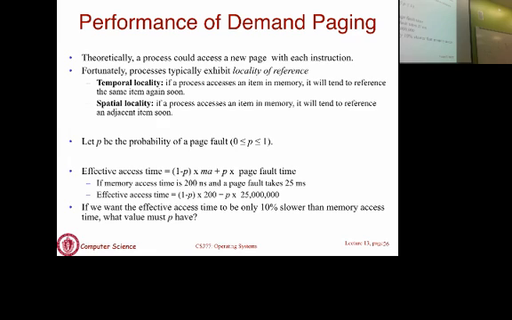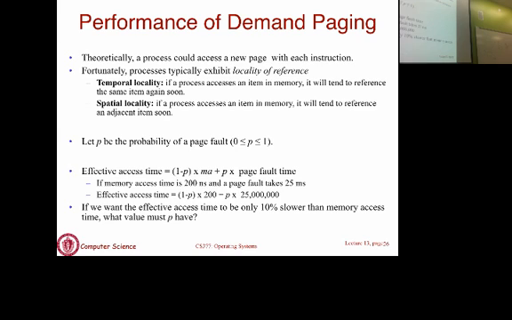So you can just do the math there. Okay, so 10% slowdown says effective memory access time should be 220 nanoseconds. So if you have no slowdown, every memory instruction will take 200 nanoseconds. Because if the process is completely in memory, there's never a page fault. Okay, so each memory access is going to take 200 nanoseconds.